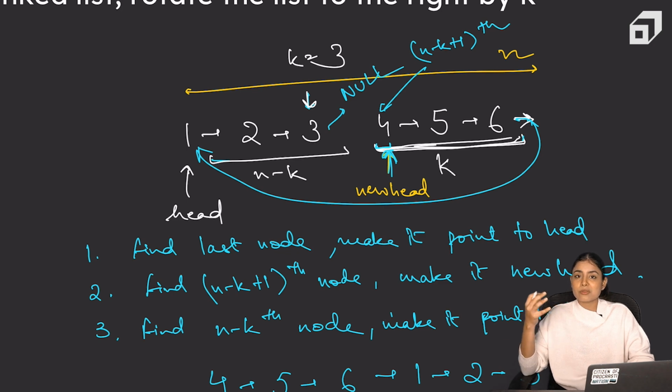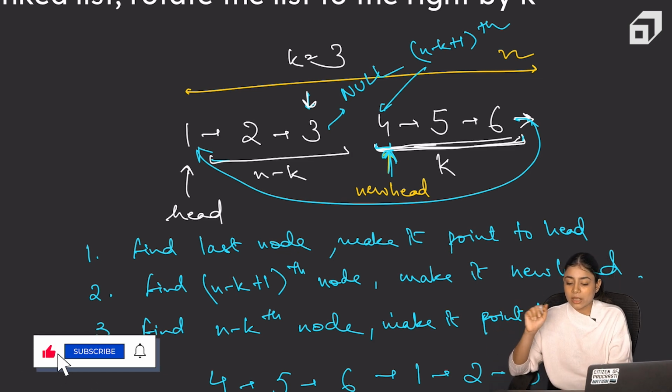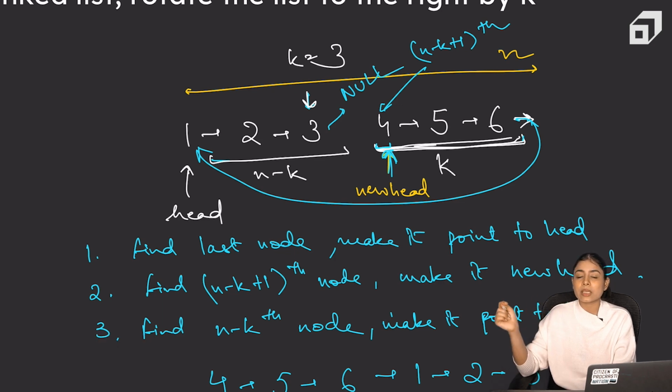Once I have the total number of nodes, that will be my n, then I can calculate where the n minus k plus 1th node resides, and make it my new head. The last step would be to make the n minus kth node point to null, so that I know that's where my linked list ends.